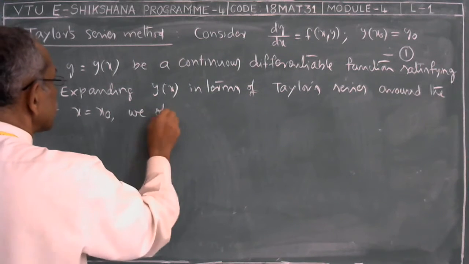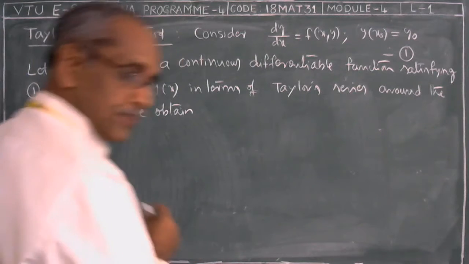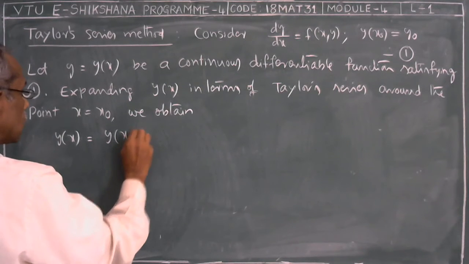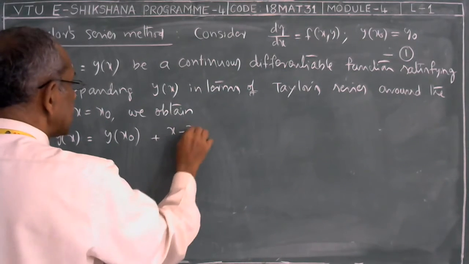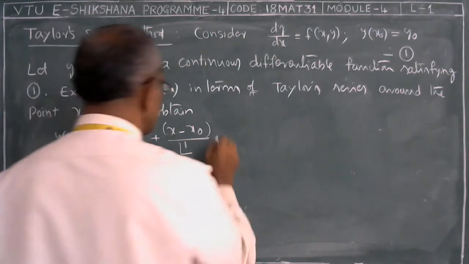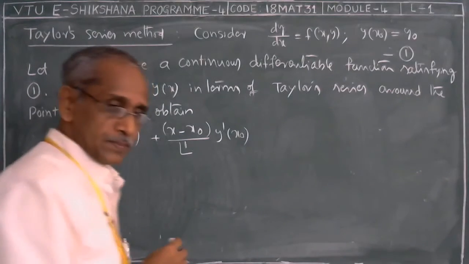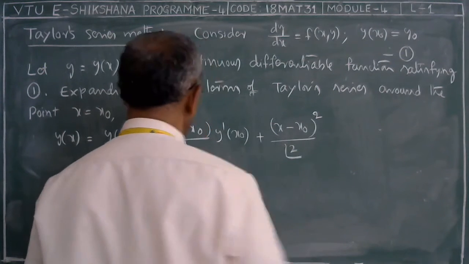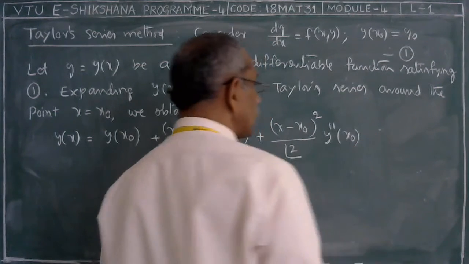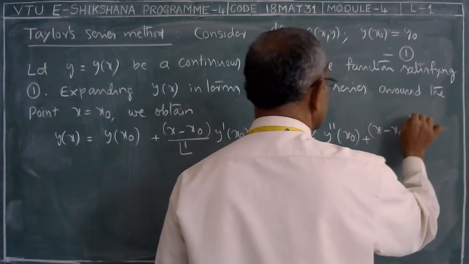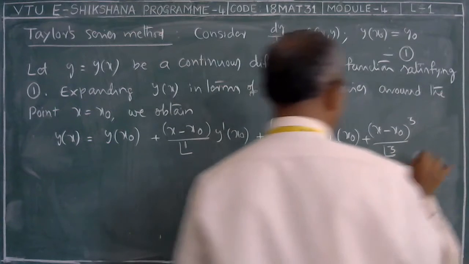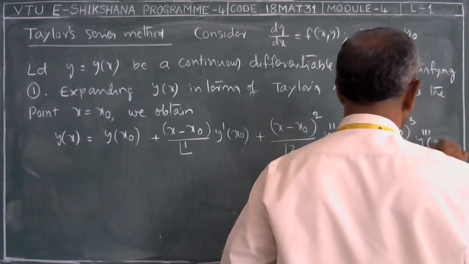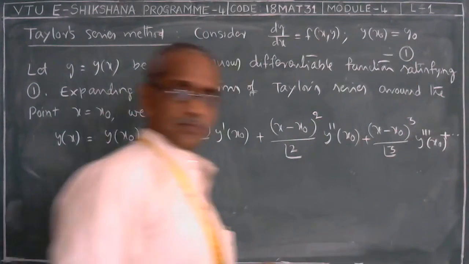We obtain y of x is equal to y at x is equal to x naught, plus (x minus x naught) divided by factorial 1 into y dash at x naught, plus (x minus x naught) whole square divided by factorial 2 y double dash at x naught, plus (x minus x naught) whole cube divided by factorial 3 y triple dash at x naught, and so on.